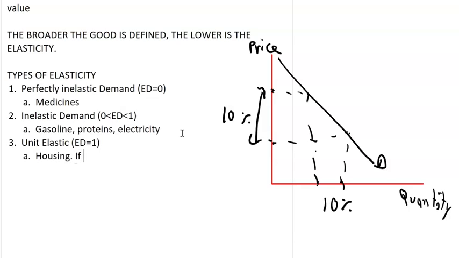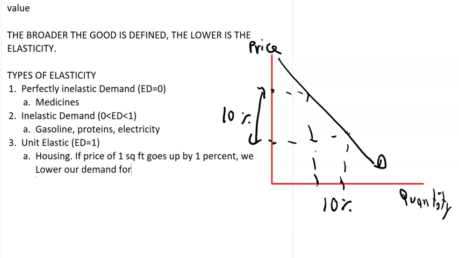If the price of 1 square foot goes up by 1%, we may lower our demand for housing area by 1%, because we may want to spend a certain amount, let's say $300,000 or $500,000, to buy a house.